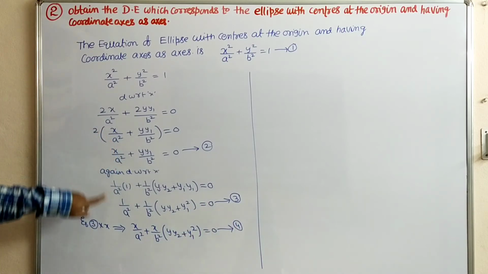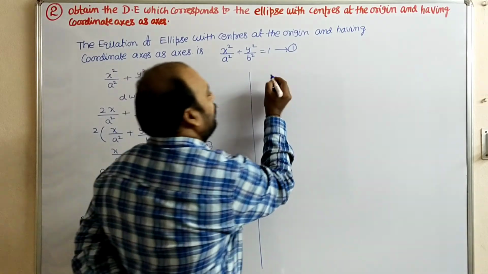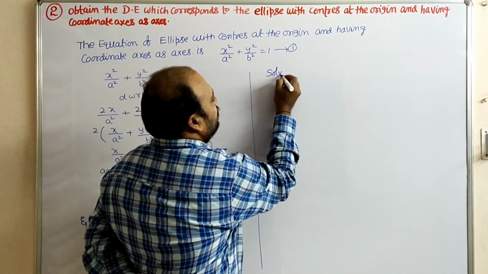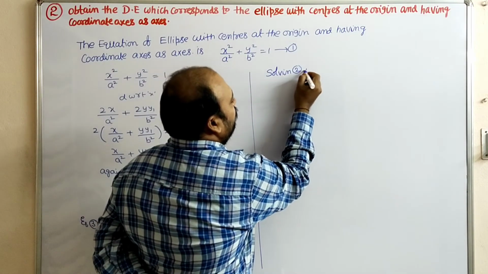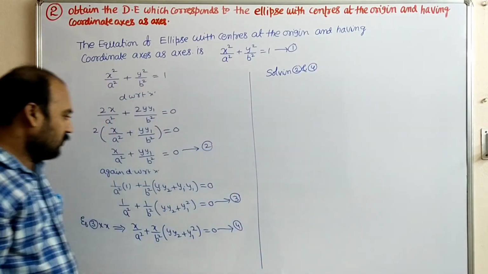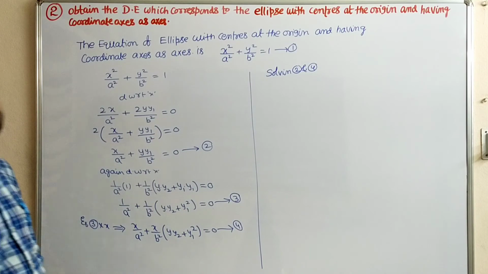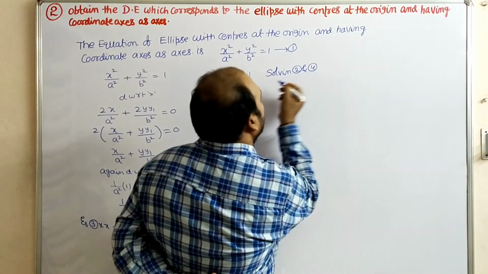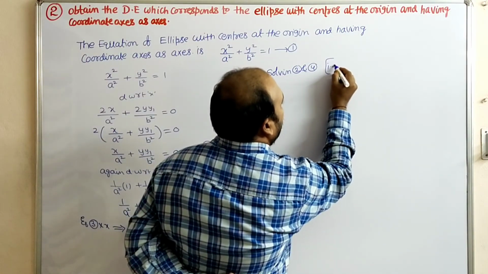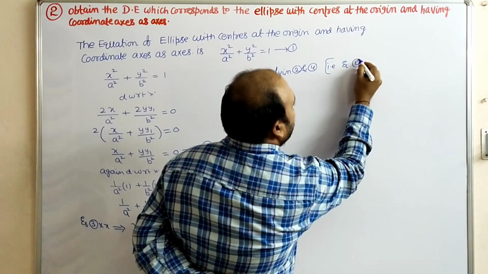Now solving 2 and 4. Here solving means subtracting, equation 2 minus equation 3 or equation 4 minus equation 2. Better to write solving equation 2 and 4, that is equation 4 minus equation 2.